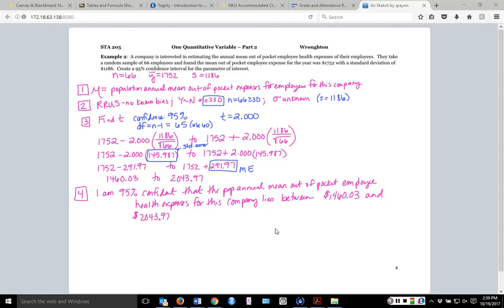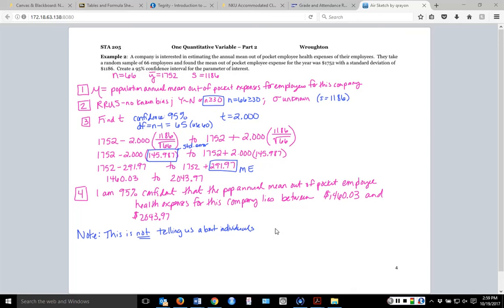Now, a couple of notes about this. So our first note that's important. This is not telling us about individuals. But I want to figure out how much an individual employee spends on out-of-pocket expenses.